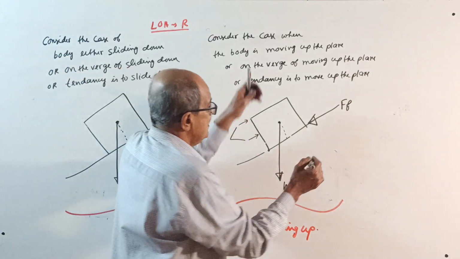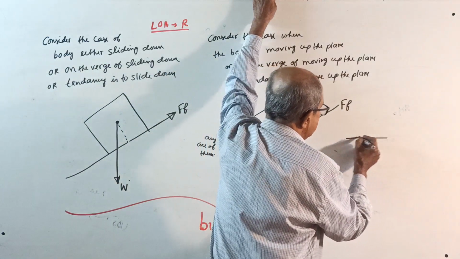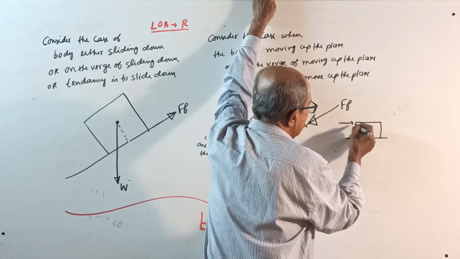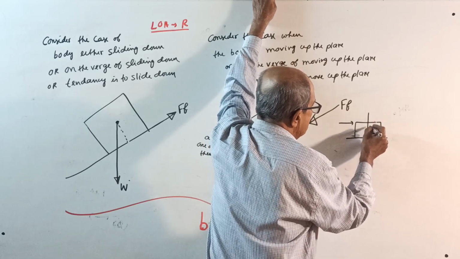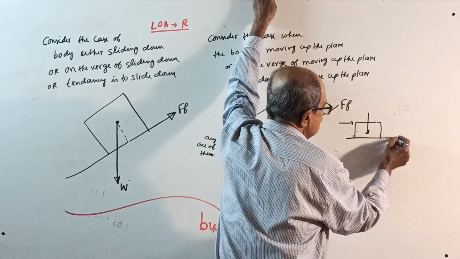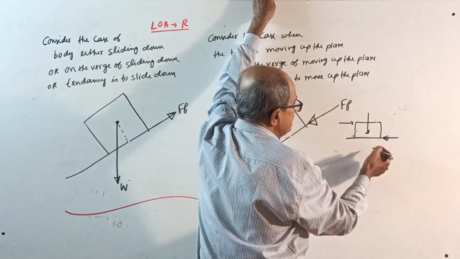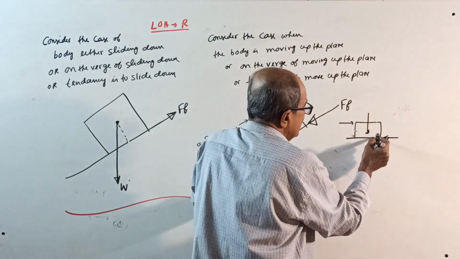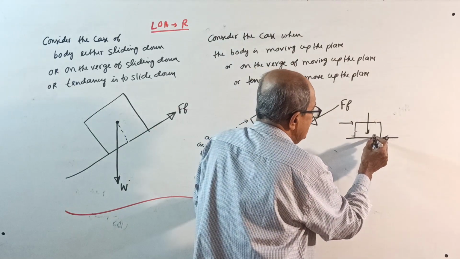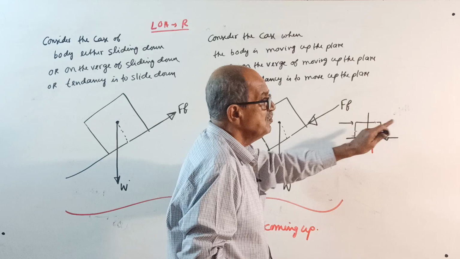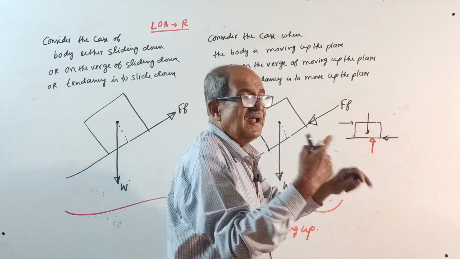If you place a horizontal plane here, suppose you apply a force here, this is the weight W, frictional force will be like this. If you try to move right side, or tendency to move right side, if you remember, I shift the normal reaction slightly this side. The reason I told you: which side the body moves, it will shift slightly that side.